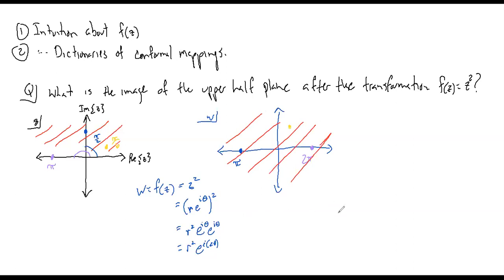Okay. So what if we had f of z equals z to the 1/2 power, or we had z to the 4th power, or we had z to the pi over alpha power, or something like that. If you think about the radial part, this is what it's going to do. If it's greater than 1, it's going to fan everything out by that factor. And if it's less than 1, it's going to contract it by that factor, because that's what shows up in that, right?